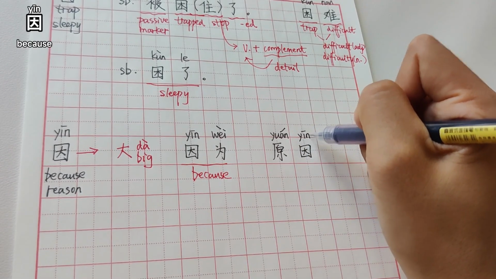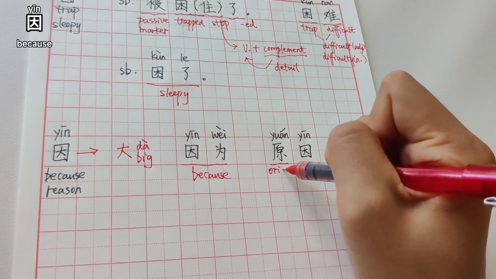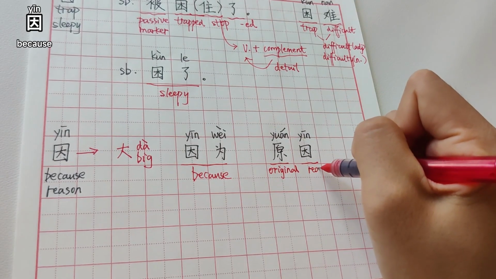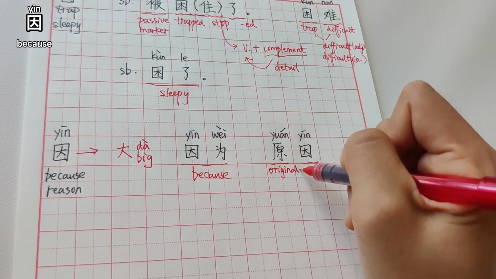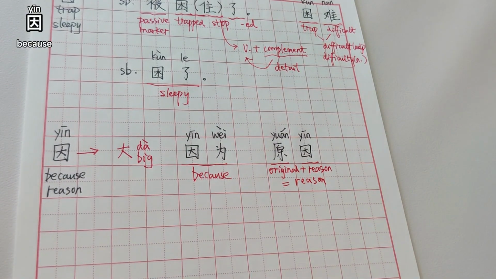In the 原, it means original. 因 means reason. So the original reason together, it just means reason. 原因.